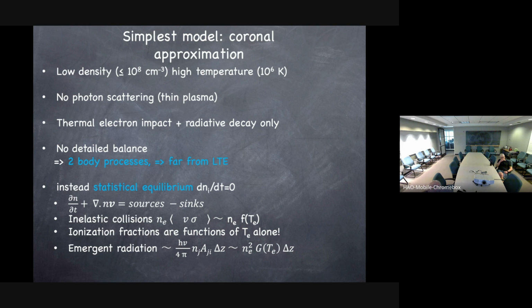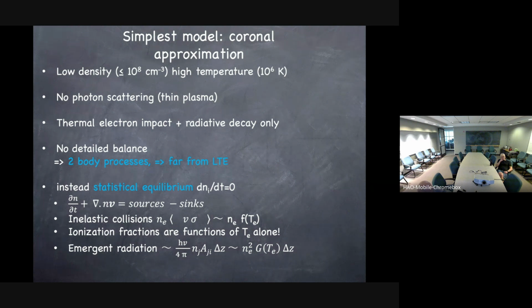So this is the intensity of the radiation. We divide by 4 pi to get this intensity. If we want the complete power, it's just h nu Nj Aji delta z, and that's in, for instance, ergs per square centimeter per second. Okay, so that is what we measure in the spectra from a given pixel.